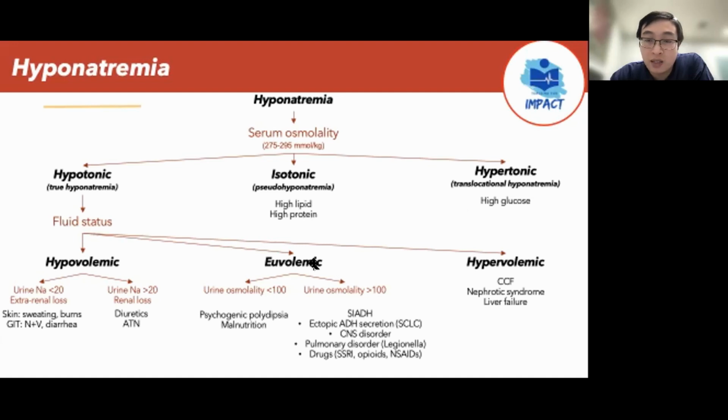And then the reason why this doesn't cause hypervolemia is that the heart secretes ANP, and it flushes all the excess water out. So you end up with a euvolemic state. So I've listed there some causes of SIADH, and I think it's worth noting some of the main causes. So some cancers can cause SIADH.